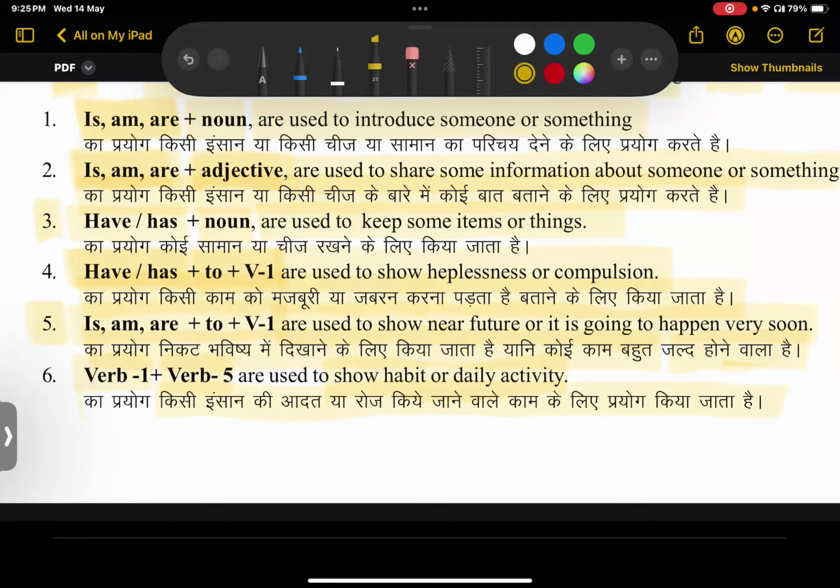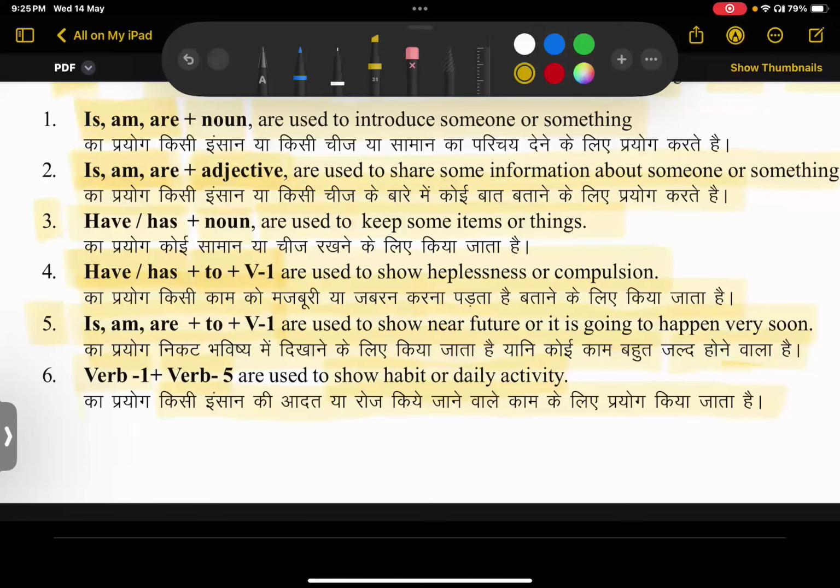For example, if you say he drinks wine, what does it mean? Is he drinking wine now? No, he's not drinking wine now. But when he gets a chance, he drinks. I wake up in the morning. This is my routine.